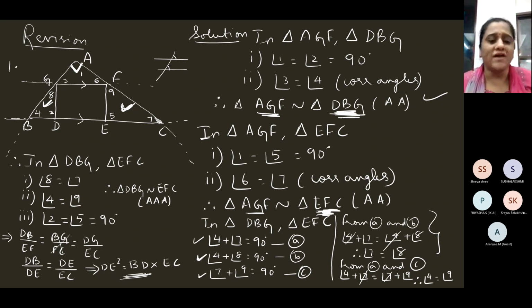And you already have one piece of information, angle 2 and 5 are 90 degrees. You can write that also. It's enough if you write A and B. You don't have to write C. Write one common equation, 4 plus 7 is 90, and with that, another one is enough for double A, because we already have angle 2 equal to angle 5 equal to 90 degrees.